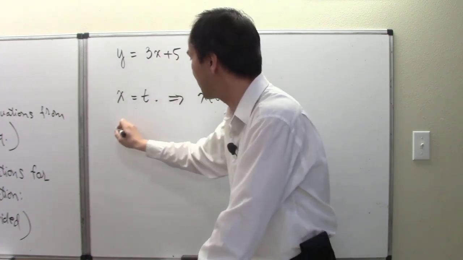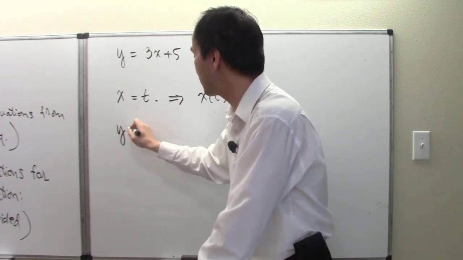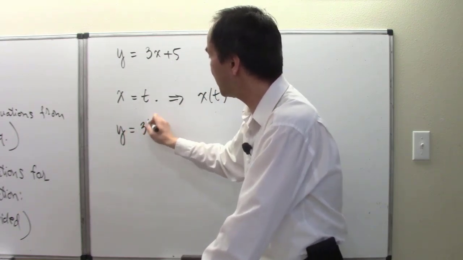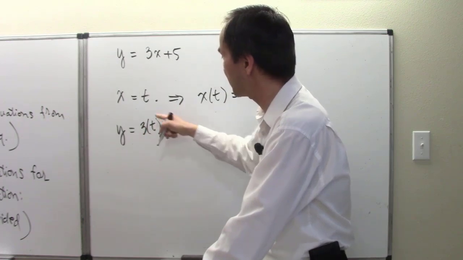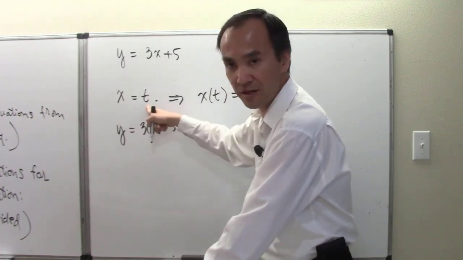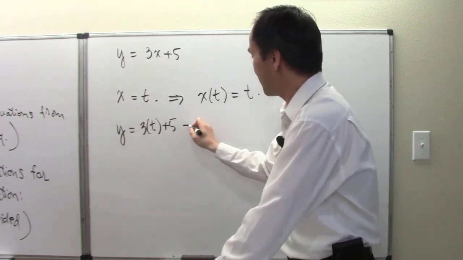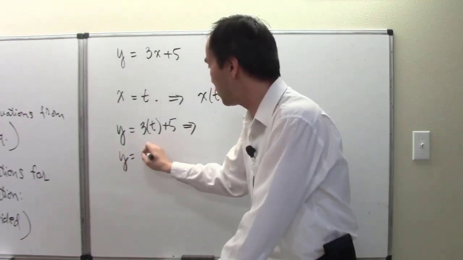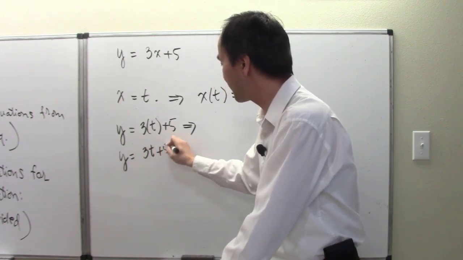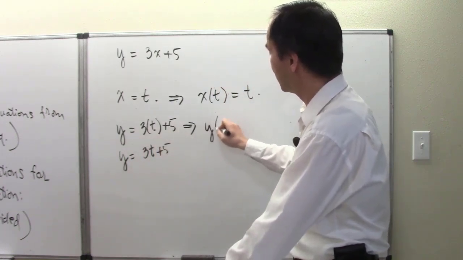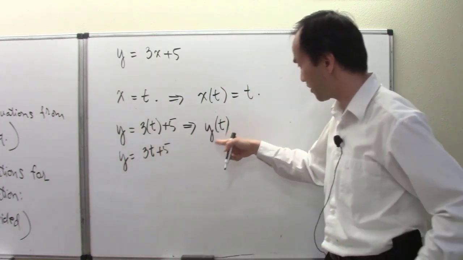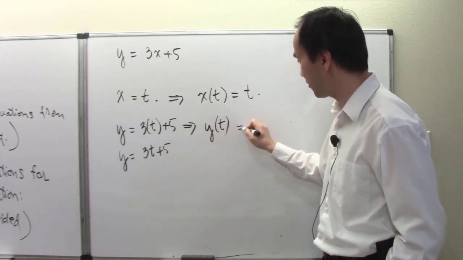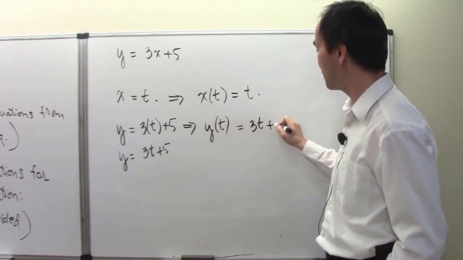So y consequently becomes 3 times t plus 5. So y in terms of t can be written as 3t plus 5.